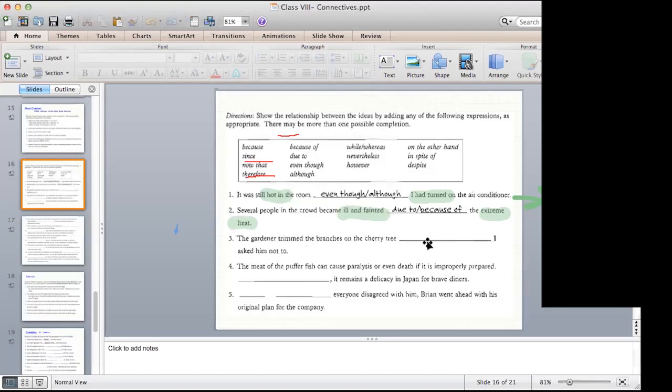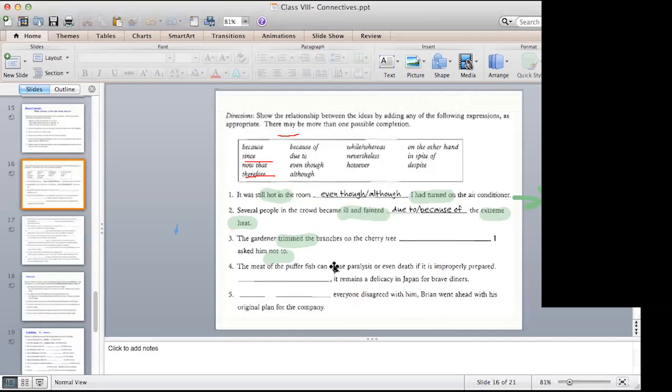I hope it's clearer. The meat of the puffer fish can cause paralysis or even death if it is improperly prepared. It remains a delicacy in Japan for brave diners. What should we use here? So imagine we have the meat of the puffer fish can cause paralysis or even death if it is improperly prepared.